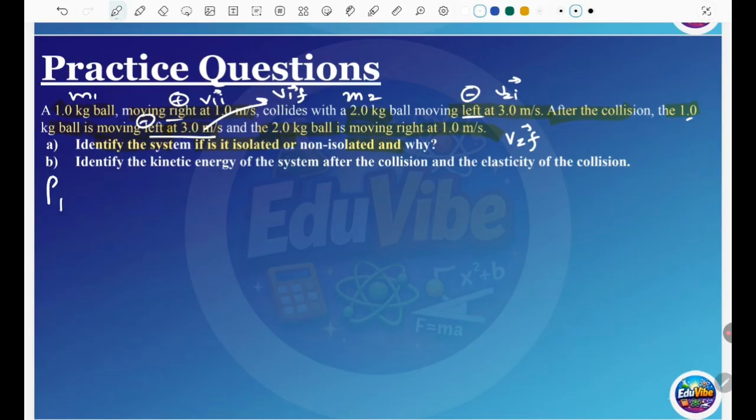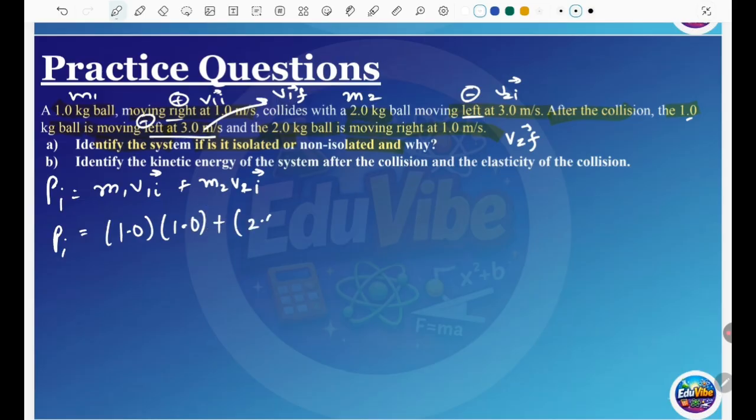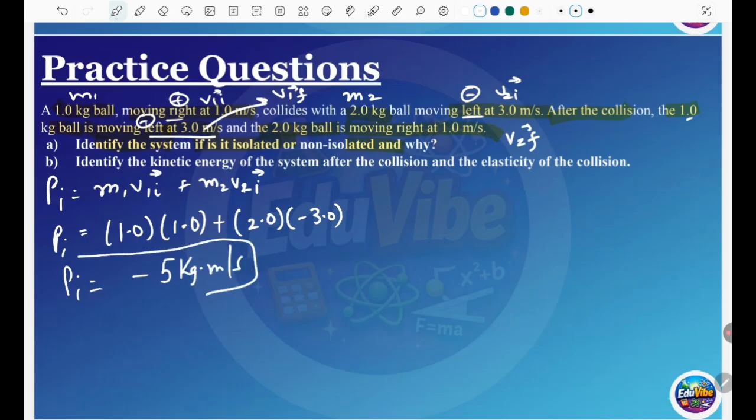So first we have to find PI, which is M1 V1I plus M2 V2I. So for PI, you have M1 of 1.0, V1I is 1.0 meter per second, plus M2 is 2.0, and V2I is negative 3.0 now. When you solve this, you get about minus 5 kg meter per second.